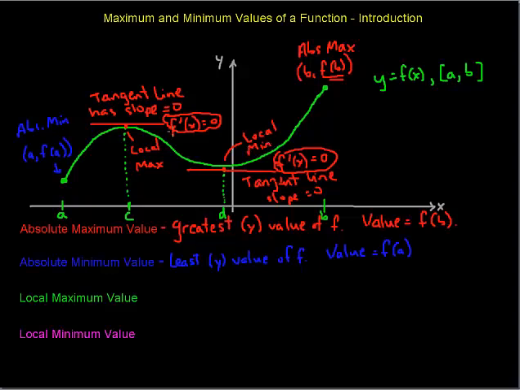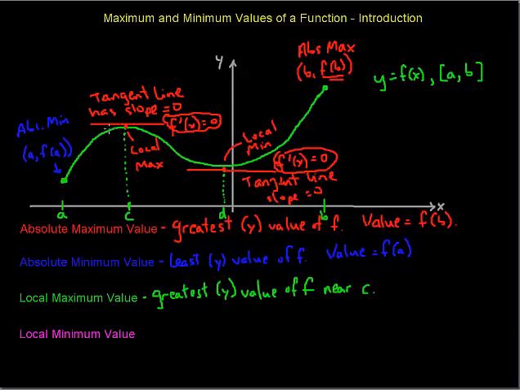The reason it's called a local max is because it's at the top of a smooth hill. It has the greatest y value of f near c, near the value of x equals c.